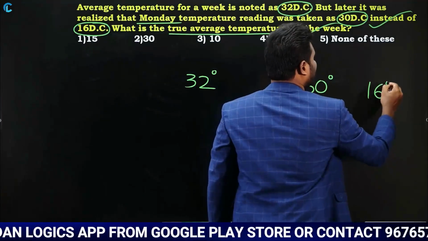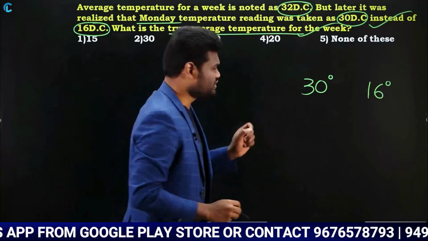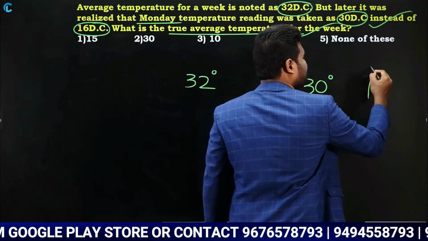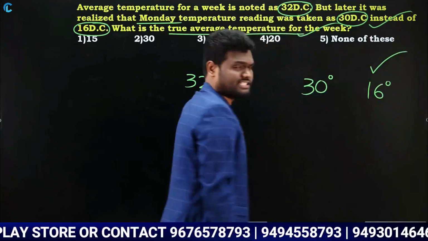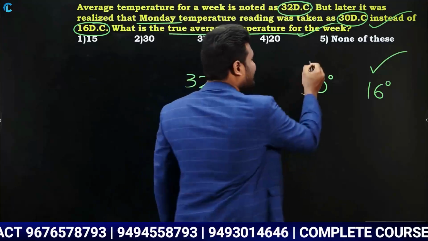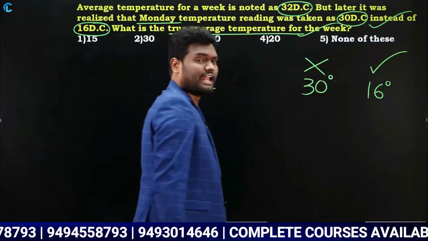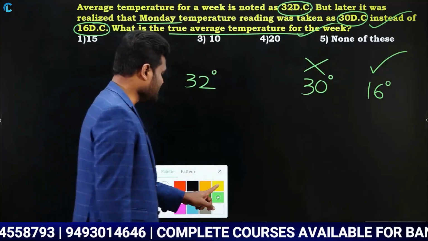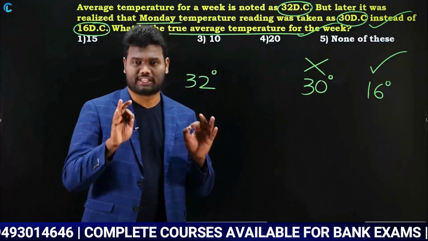What do we mean by that? According to this question, the correct temperature for Monday is 16 degrees Celsius, but they have wrongly noted it as 30 degrees Celsius. The question is asking what is the correct average temperature for the week.